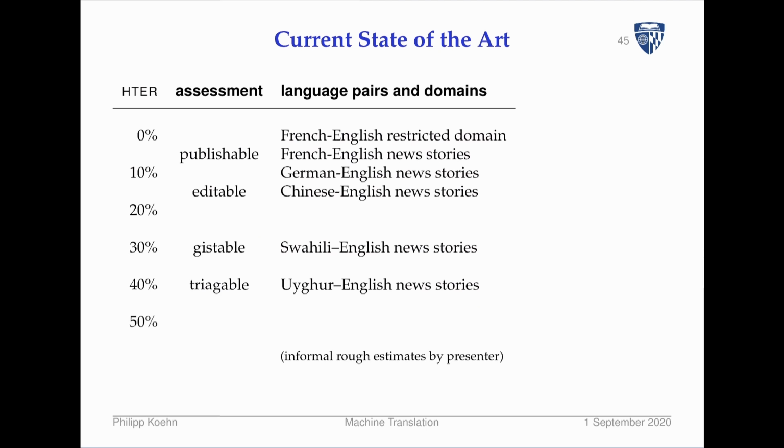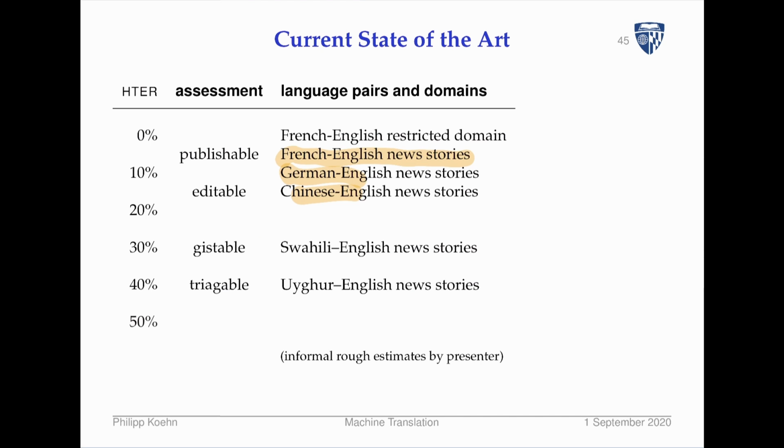I already showed you a French-English news story, so these are also pretty good. If you just try it out, go to a French newspaper website and run things through Google Translate, you'll find these stories extremely readable. There are tougher languages like German and Chinese, where that's not necessarily the case.